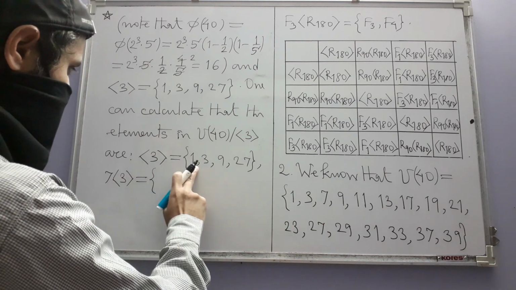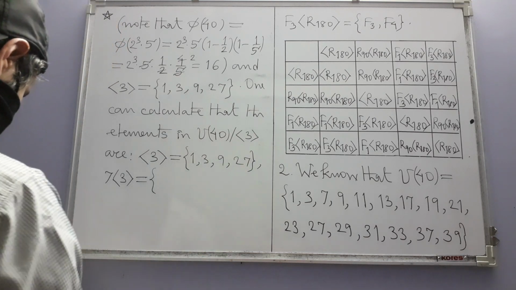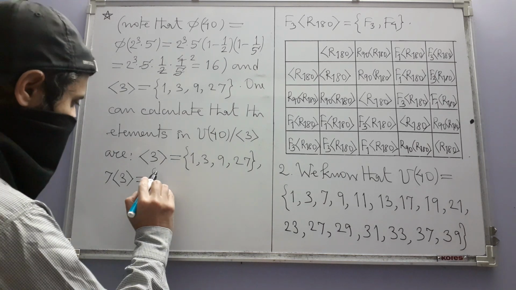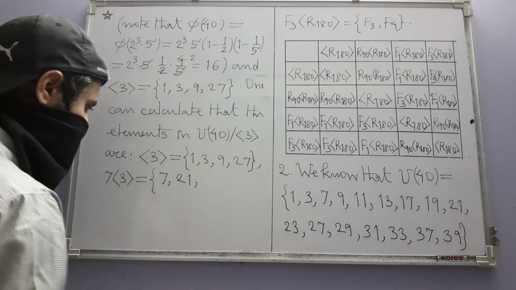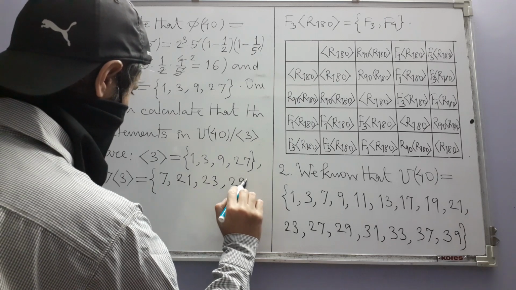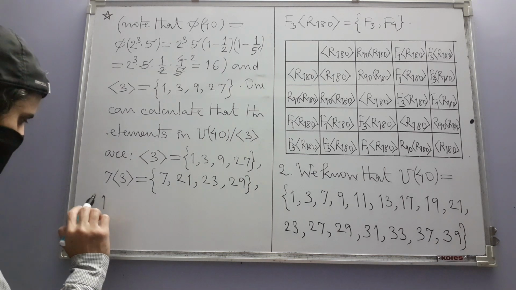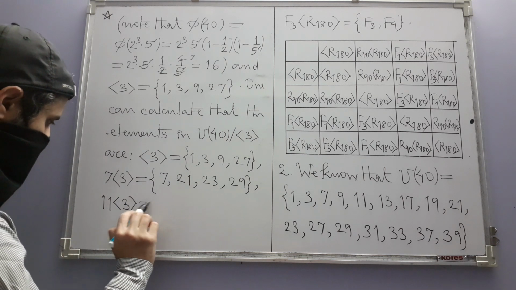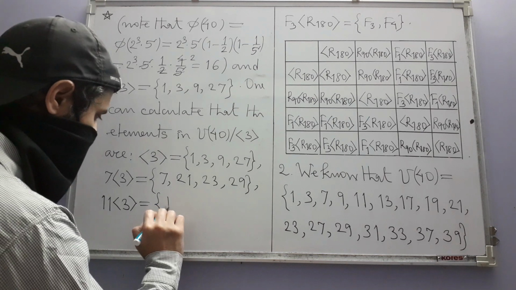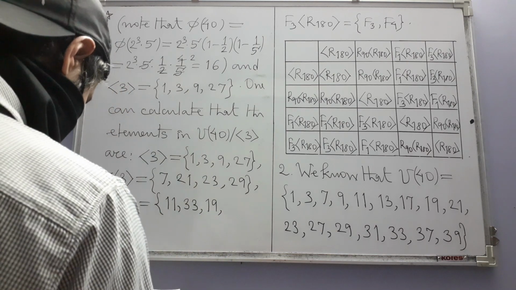So when you multiply all these elements by 7, that is the operation, and when you do that you get these numbers: 7, 21, then 23, 29, then 11, 3, and here the numbers are 11, 33, 19, 17.